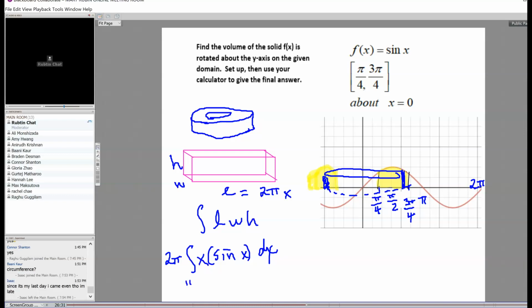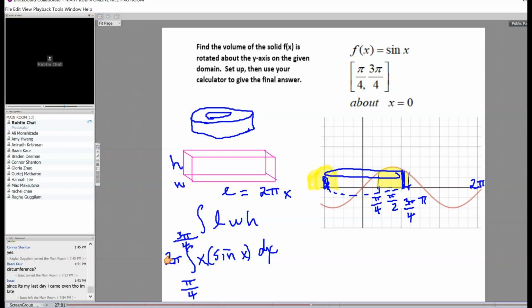I'm not messing with anything. I'm just doing it a totally different way, which for some of the ones that you did, would have been much more elegant. So there's a shell, and I'm going to go from pi over 4 to 3 pi over 4, making all these little nested shells. Remember, this is the limit as a sum goes to infinity, which is eventually what we did with series.